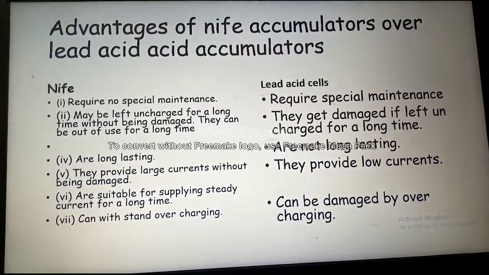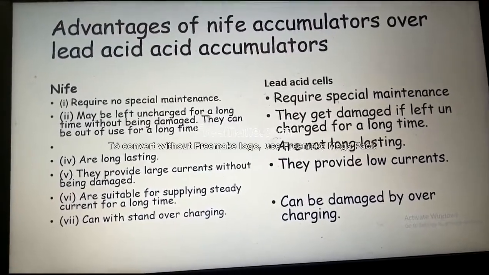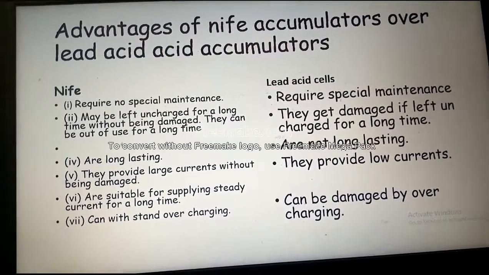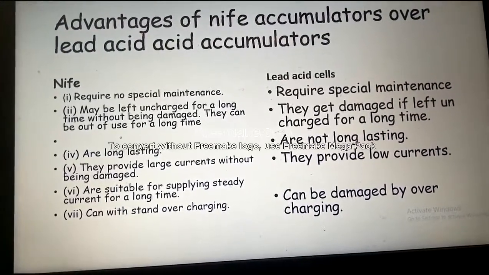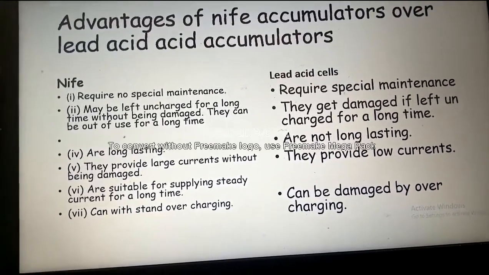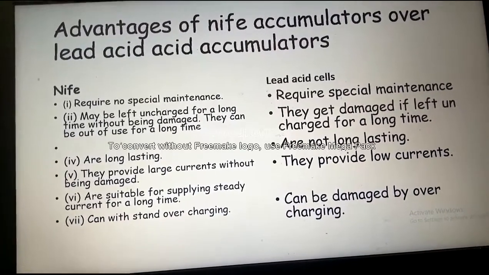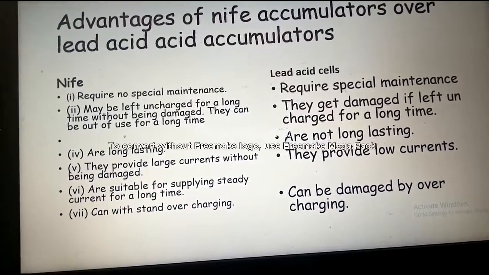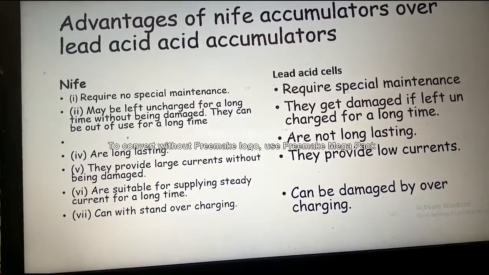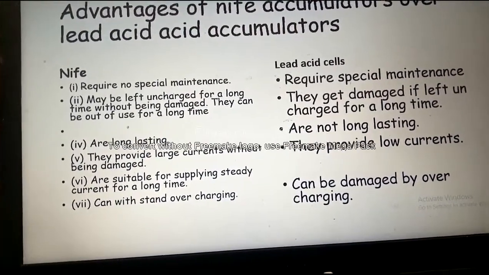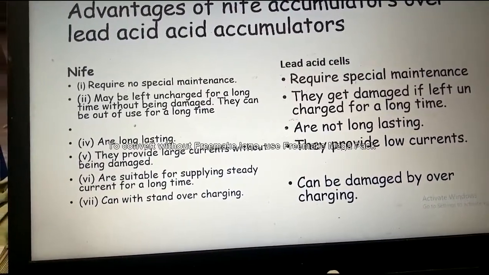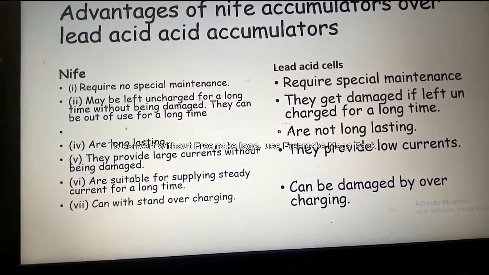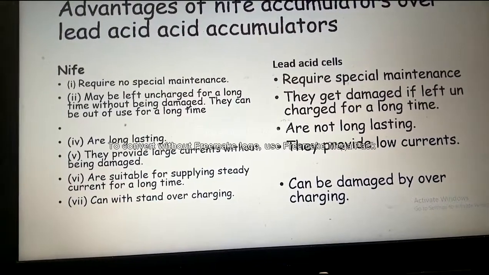One of the advantages of a knife accumulator or alkaline accumulator is that it doesn't require any special maintenance. But lead acid accumulators, already we have looked at the care and maintenance, they require special maintenance. Then knife accumulators may be left in uncharged condition for a very long period of time without being damaged.